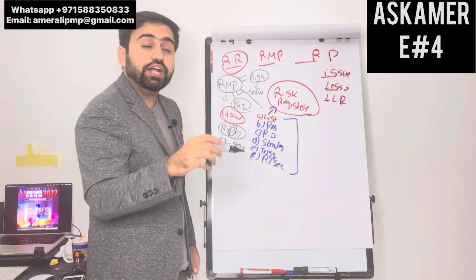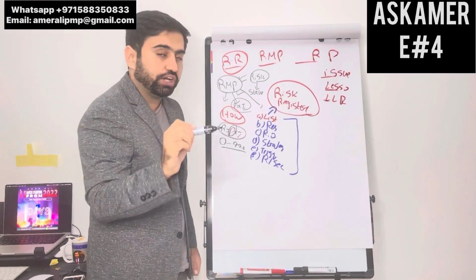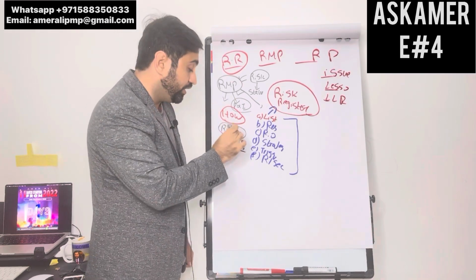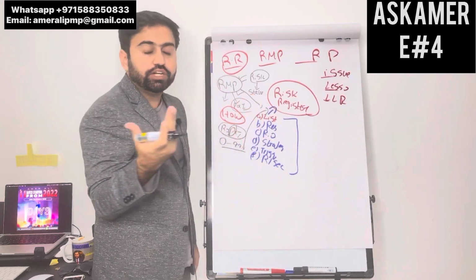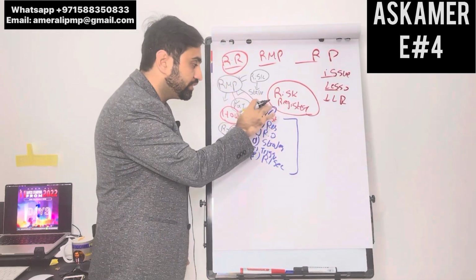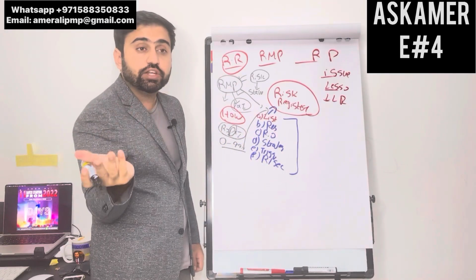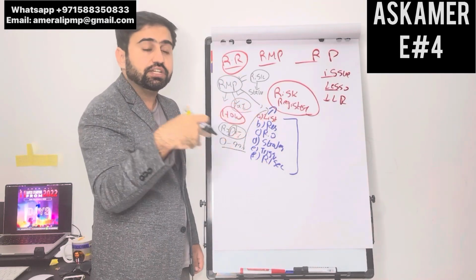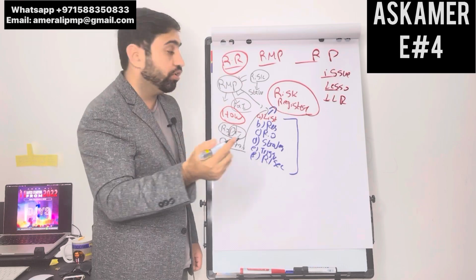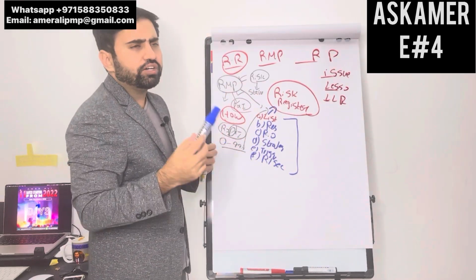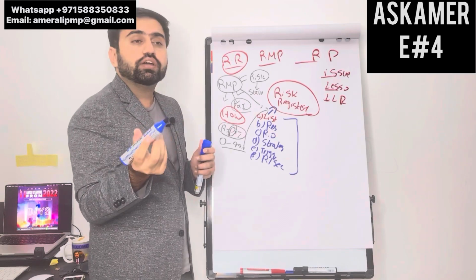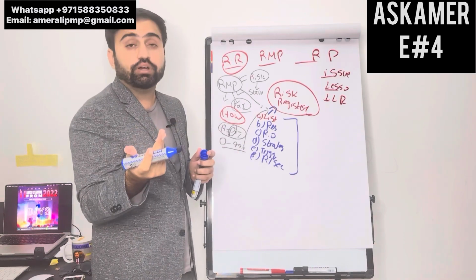So if you identified anything before occurring, it goes into the risk register. All the risks that you identified initially go into the risk register. All the risks that you identified even in the later stage, but before occurring, go into the risk register. An important question is, when a risk occurs, what do we update?